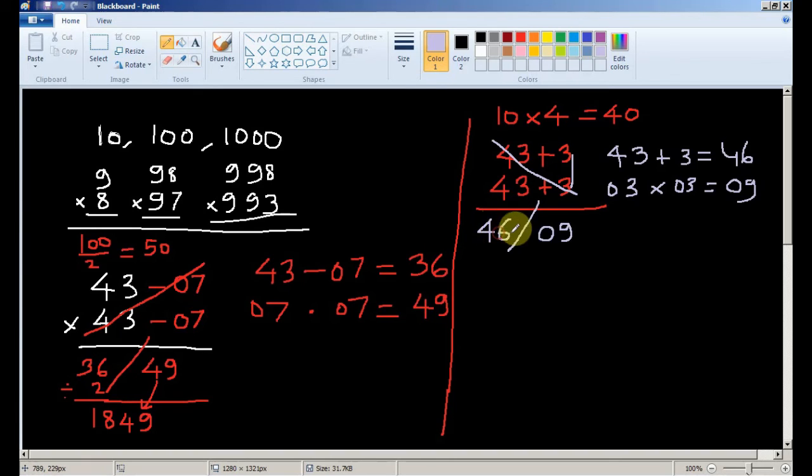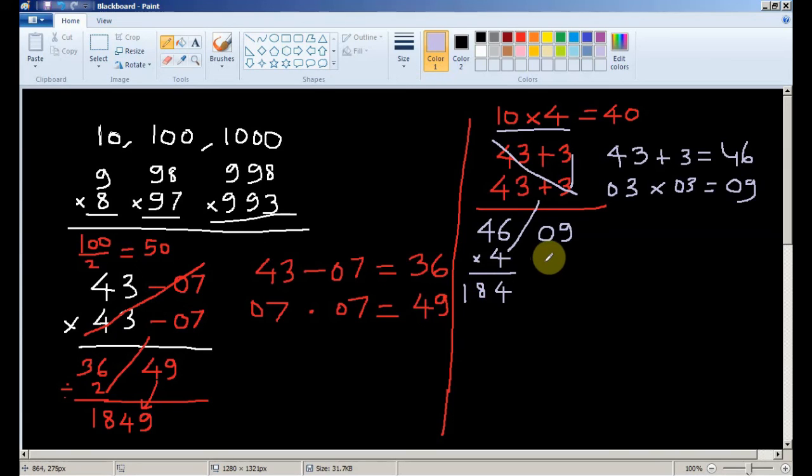Now in the first method we simply divided by 2. In this method, what we did with the base is we multiplied it by 4. So you have to multiply the first number 46 with 4. 4 sixes are 24, and 2 carry. 4 fours are 16 plus 2 is 18, so 184.